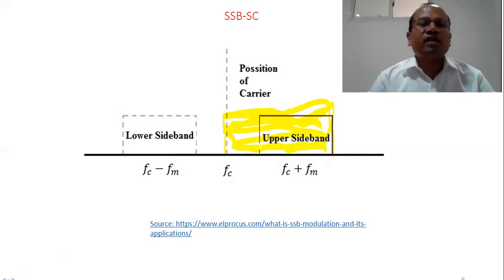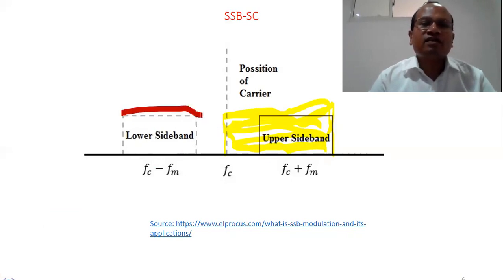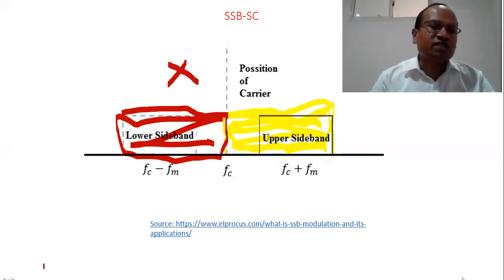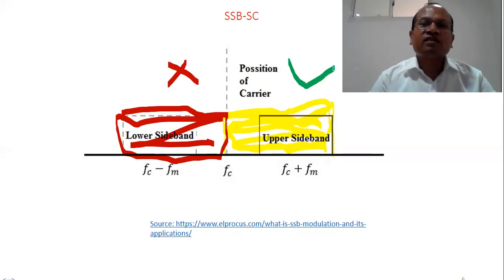So this upper sideband is transmitted, and if you choose a different color, this particular band is not transmitted. So which is transmitted? The lower sideband, better to use green color. This particular band is transmitted and, please remember, extends from FC to FC plus FM.